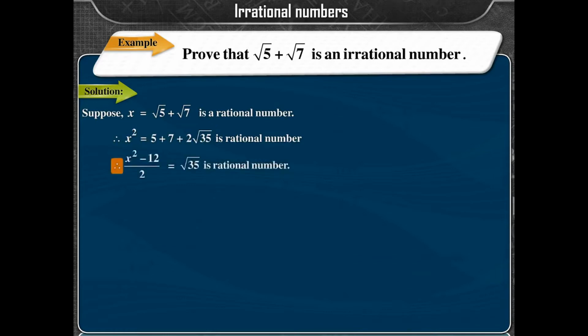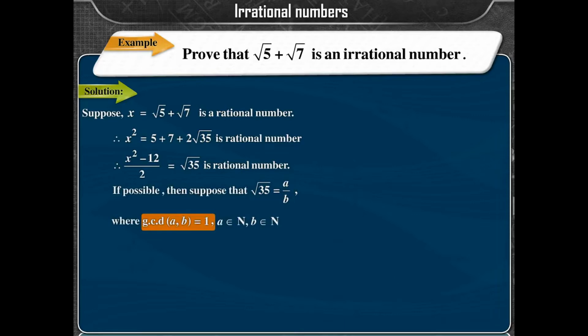Therefore, x squared minus 12 upon 2 is equal to square root of 35, which is rational. If possible, then suppose that square root of 35 is equal to a upon b, where GCD of a, b is equal to 1, a belongs to N, b belongs to N.